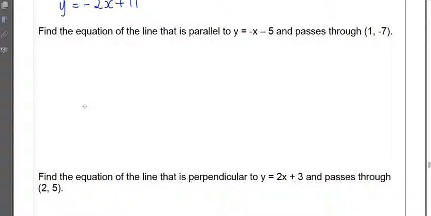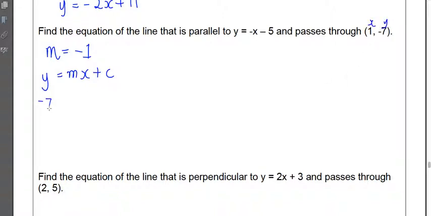This next one here, again, we're finding the equation of a line. It's parallel to this line here that's given to you, but it passes through this particular point. So again, if it's parallel, it has the same gradient. The gradient of this line here is negative 1. Using your general form, let's substitute your x and y coordinate in.